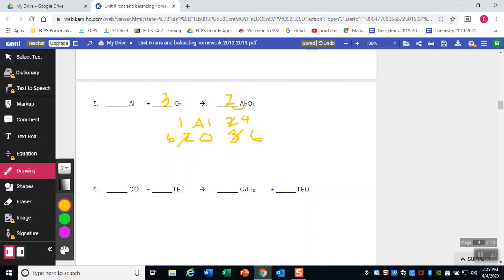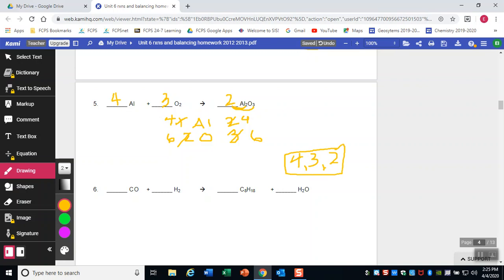So when I put the 2 in front, that doubled my oxygens, but it also doubled my aluminums. That's easy to fix, because now I have 4 on the right and I want 4 on the left. 1 times 4 is 4, so 4 is my new coefficient here. So my coefficients are going to be 4, 3, and 2 to get my balanced equation.